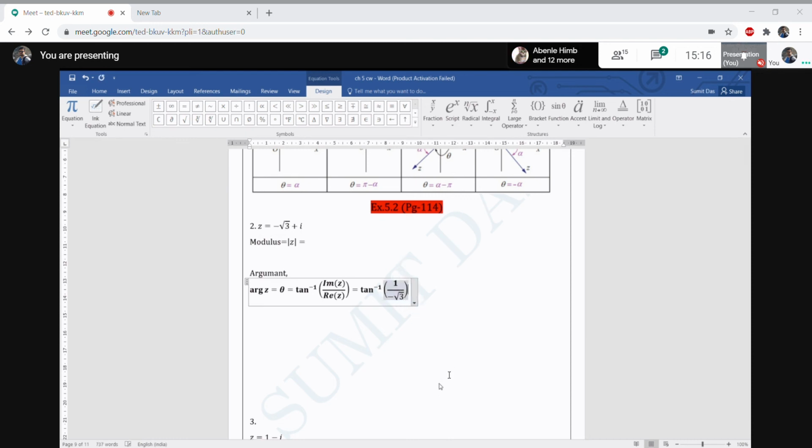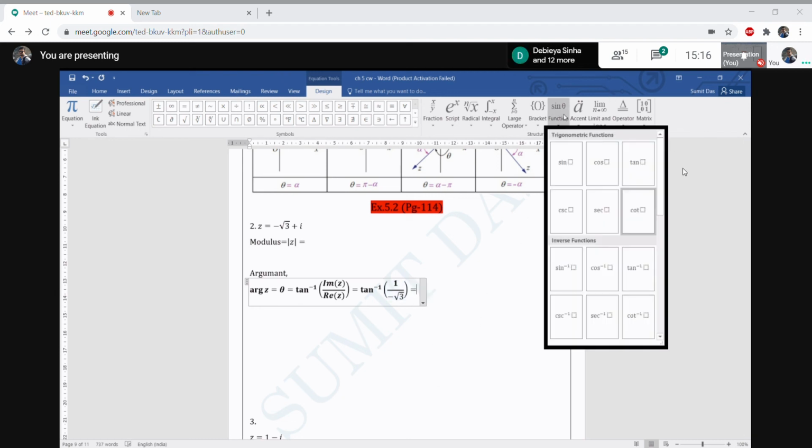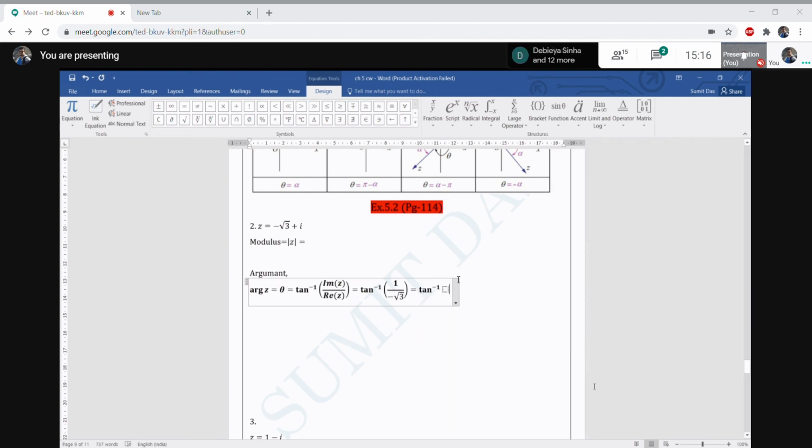So it is tan inverse of minus 1 divided by square root of 3. So 1 by root 3 means tan pi by 6, right? So minus tan pi by 6 means it will be minus pi by 6.